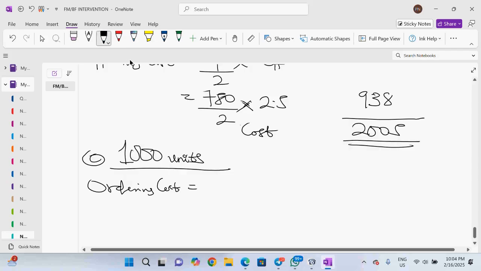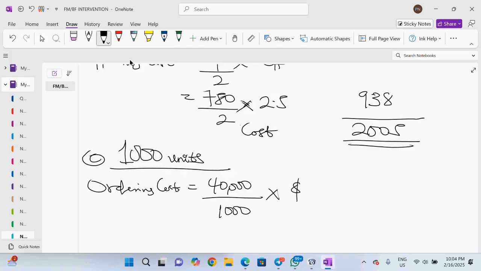That will be 40,000 over 1,000 times ordering cost per unit, $20. So how much is it? 800.